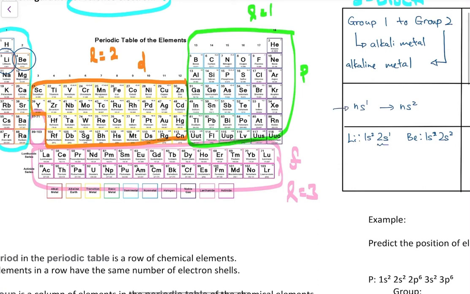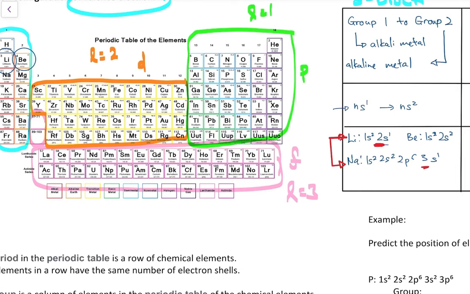If you want to see more clearly how the formula works, we take sodium as an example. You're going to have 1s2, 2s2, 2p6, and 3s1. From here you can see that these two atoms clearly come from different periods, because the principal quantum number for lithium is 2, whereas for sodium it is 3.